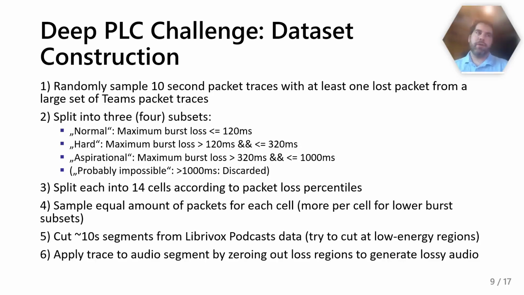Bigger than 1000, so more than 1 second burst loss, we discarded because no model can realistically do that, probably. We split these according to packet loss percentile, made sure to sample an equal amount of packets from each packet loss percentile to get sort of a good coverage of what the model might have to deal with, and then applied these to the LibriVox podcast segments, trying to not cut in the middle of words.